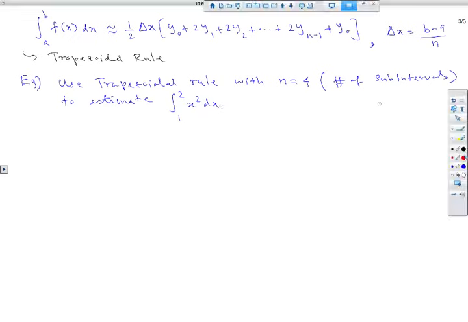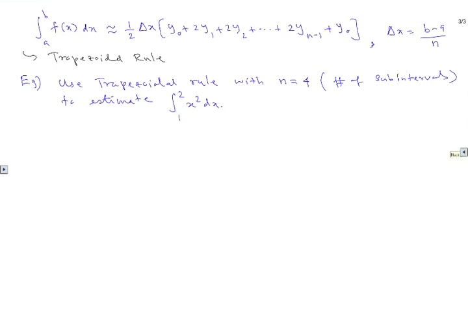If you get a question like that, which is very common, the best thing is to draw the number line and mark those points. So we have 1, and then what is delta x? It is b minus a over n, that means b is 2, a is 1, over 4.